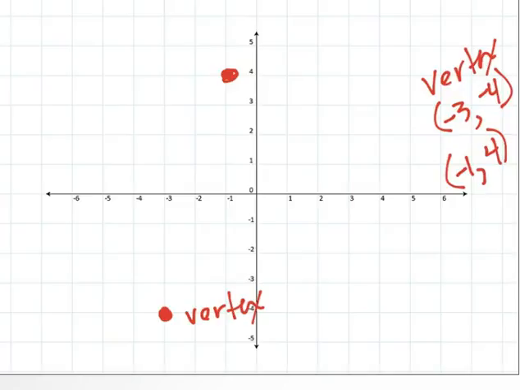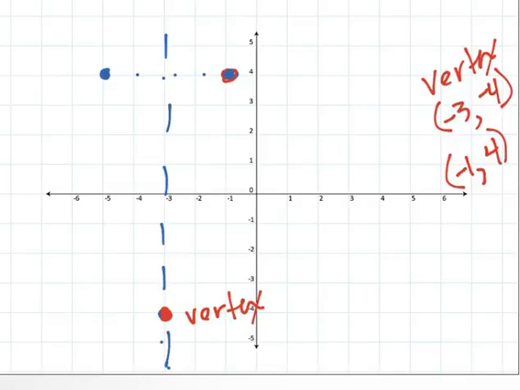Well, if that's the vertex, what's running right through the middle of that vertex? An axis of symmetry, isn't it? So if that's the axis of symmetry, and there's a point right here, then there also has to be a point right there, 2 blocks from the axis of symmetry.